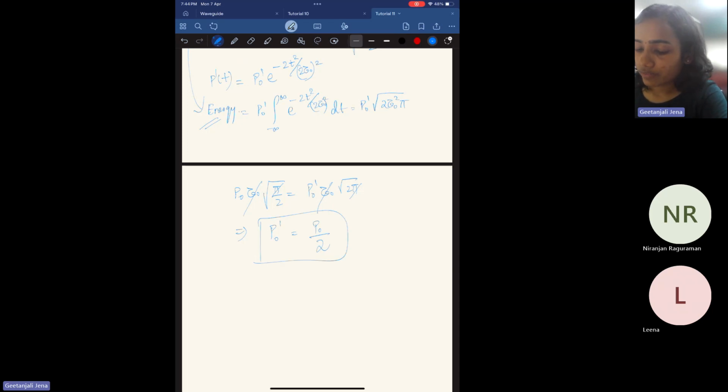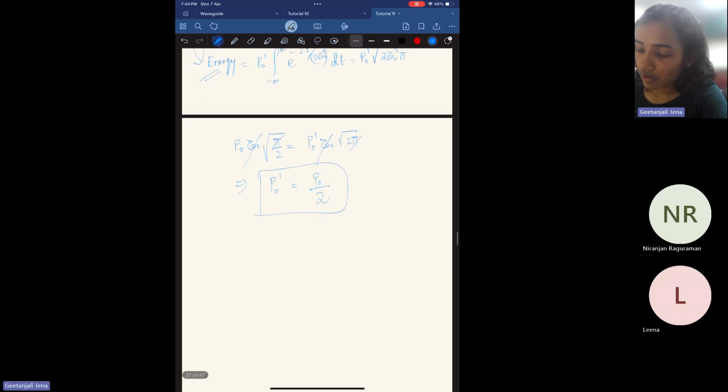And now finding out phi NL is easy because phi NL at the pulse center is gamma P0 prime Z. So gamma P0 Z by 2. That means this is half of its initial phase shift.